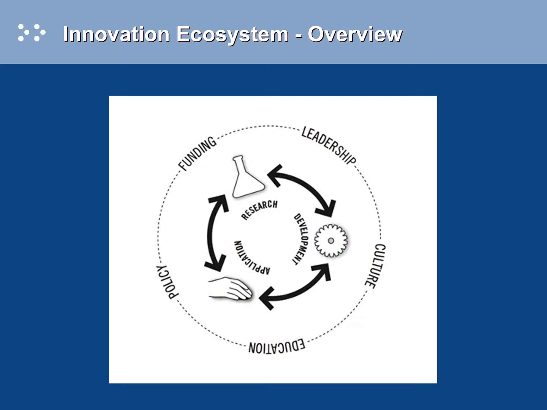All of this takes place within a sphere of funding and leadership and culture and education and policy, and these apply to society and to the organizations and companies and government groups within society.